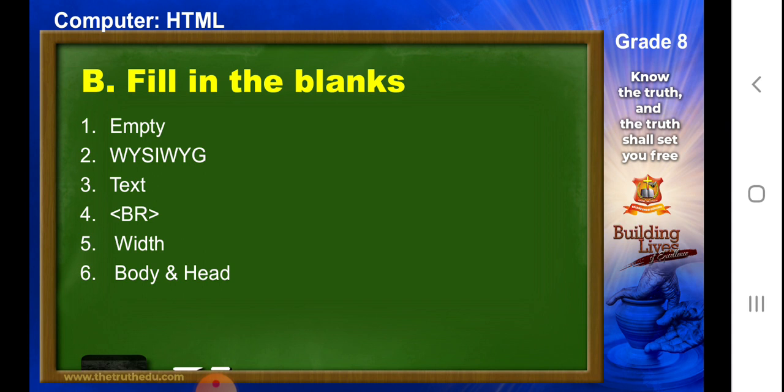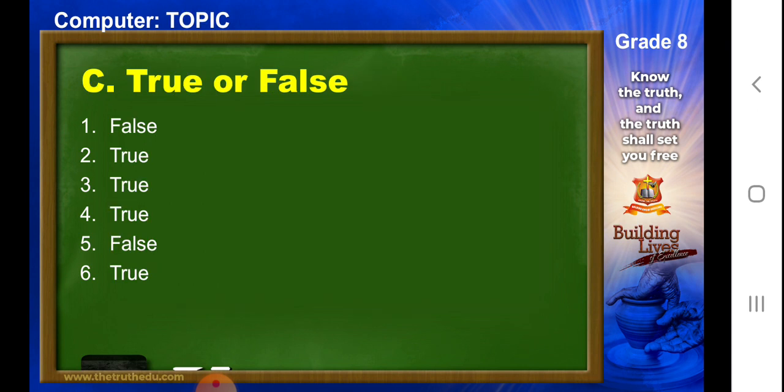I repeat the answers once again. The first one is empty. The second one is WYSIWYG. Third one is text. Fourth one is BR. Fifth one is width. And the last one is body and head. Let's move to true and false.